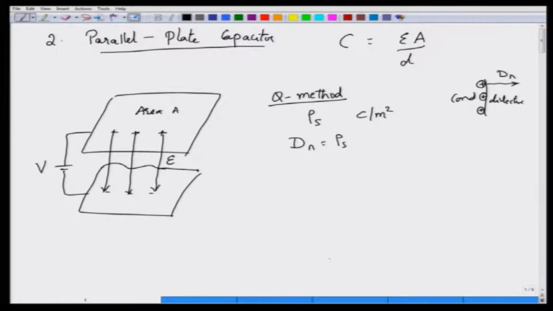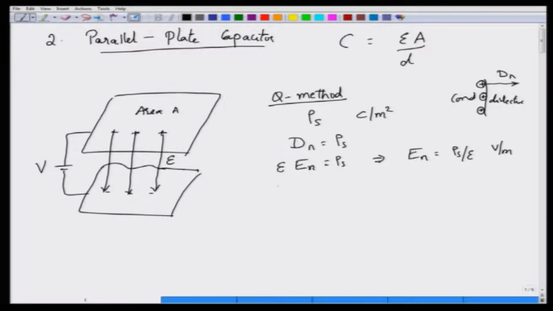Now, Dn is equal to epsilon En. So this equals rho s, which gives a uniform electric field, all normal to the plate, given by rho s by epsilon volt per meter. So far so good.